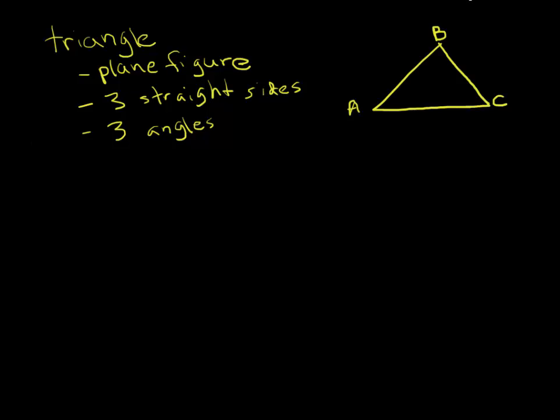When we talk about a triangle, we can classify it two different ways. We can classify a triangle by its sides, or we can classify a triangle by its angles.